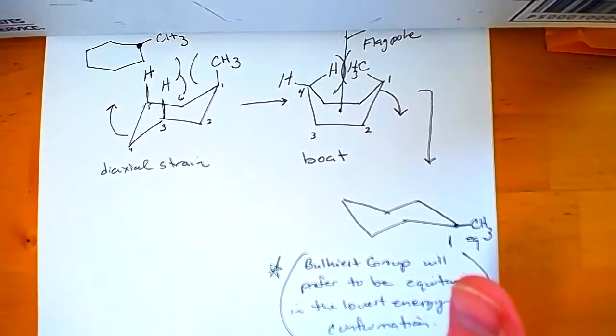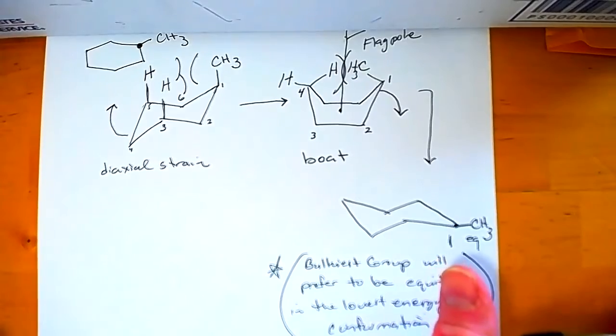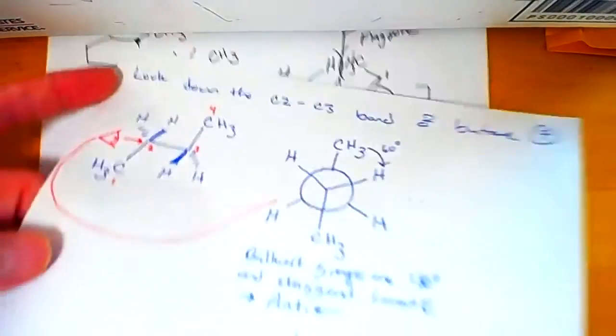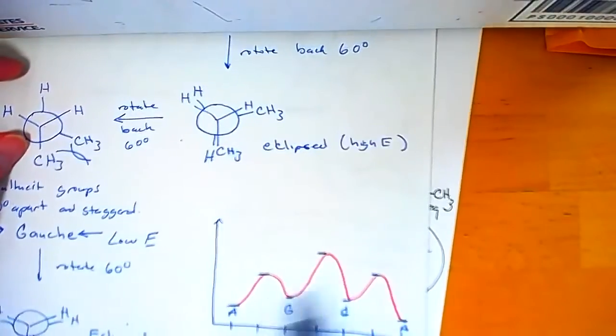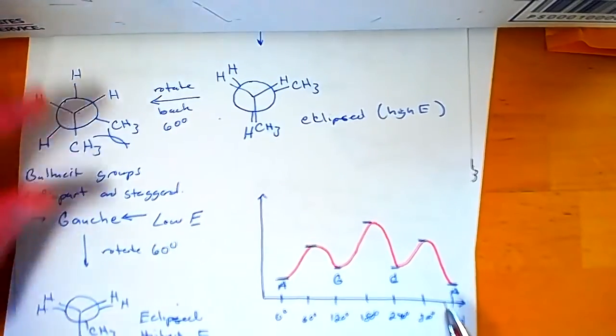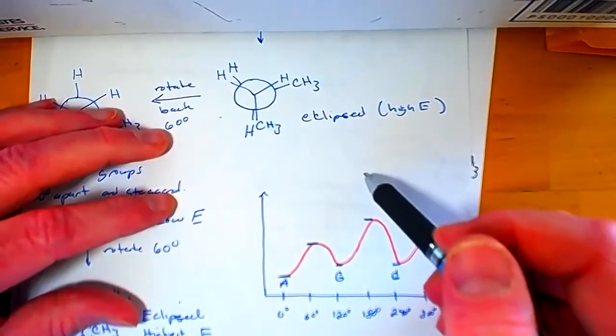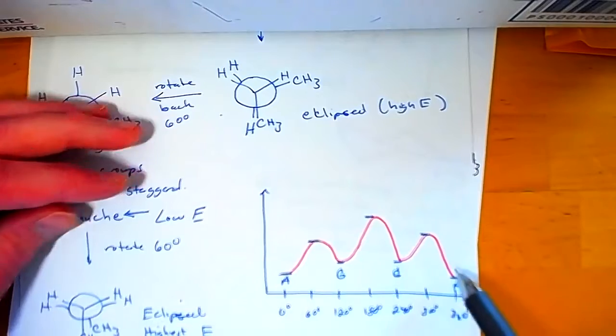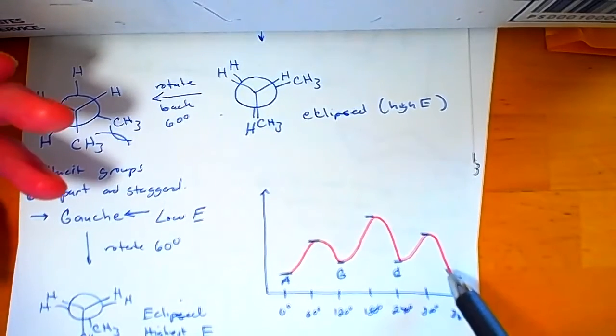What I want you to focus on, though, is to recognize that just like what we were seeing a moment ago with these energy profiles with butane, you also have that with cyclohexane. Something I didn't ask is which of these conformers do you think you would find the molecule in, probability-wise, most of the time?